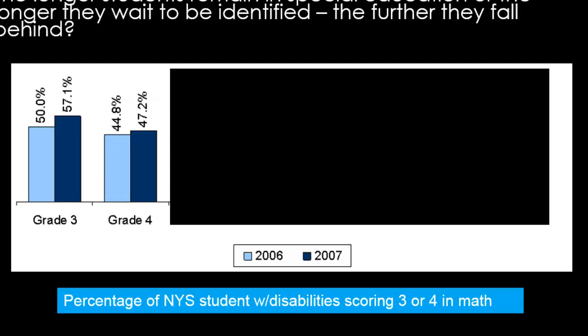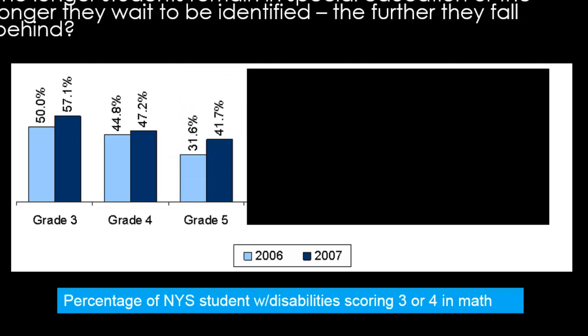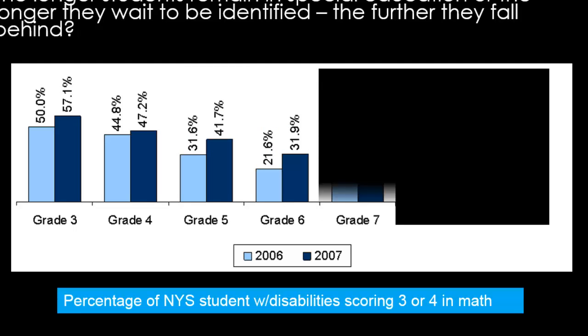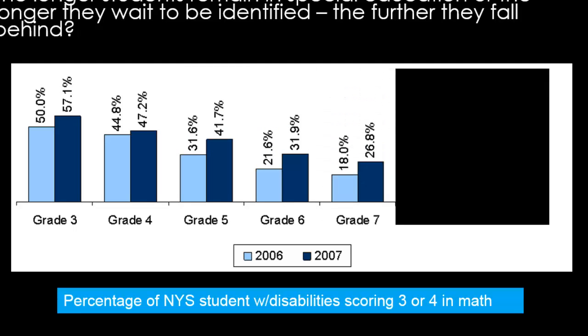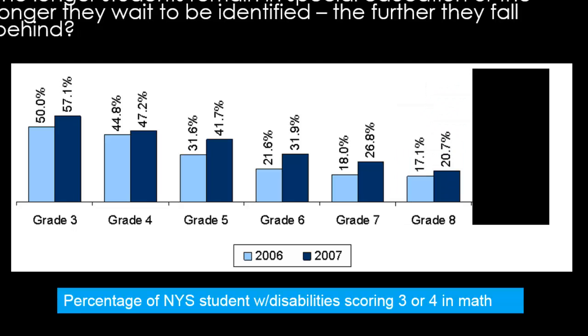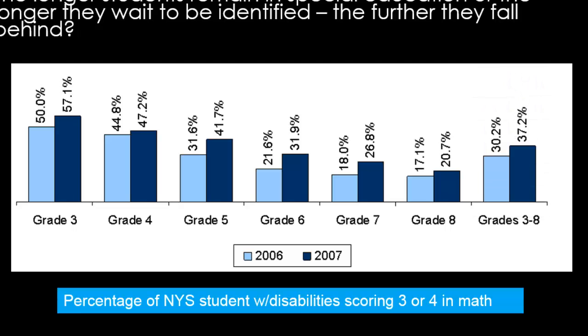So it increased. But you can see here that the percentages are going down as the kids progress through the grade levels. Okay, so these are all different kids naturally, but to me this definitely shows a trend that the longer that you stay in special education, the further behind you fall.